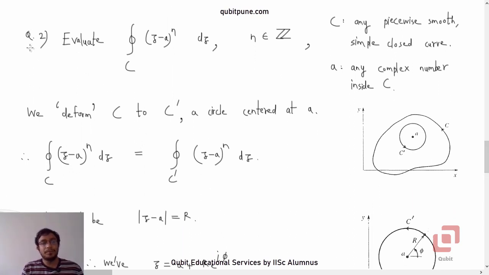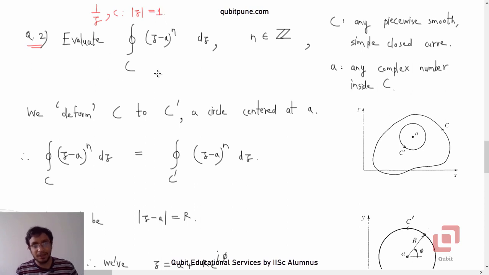Let's now go to question 2, wherein we will evaluate this integral, and we have already considered a special case of this in our previous lecture, where the integrand was 1 upon z and C was the unit circle.